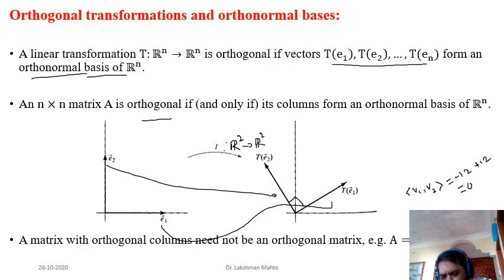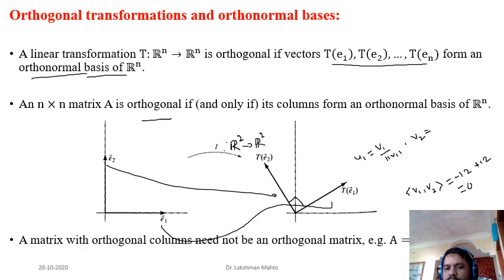V1 and V2 are orthogonal to each other, but V1 and V2 are not unit vectors. So the given matrix A is not an orthogonal matrix, but it can be reduced to an orthogonal matrix. How? Again, do normalization. Find U1 by normalizing V1, that means divide V1 by its norm.